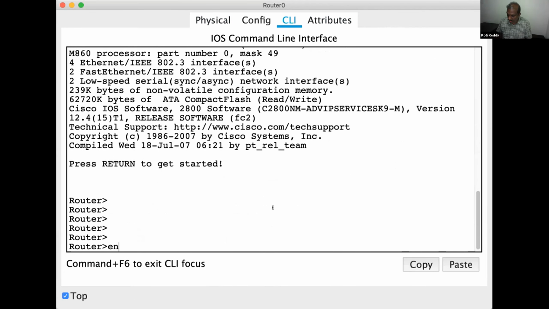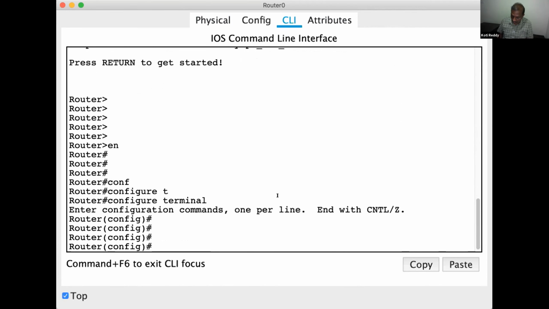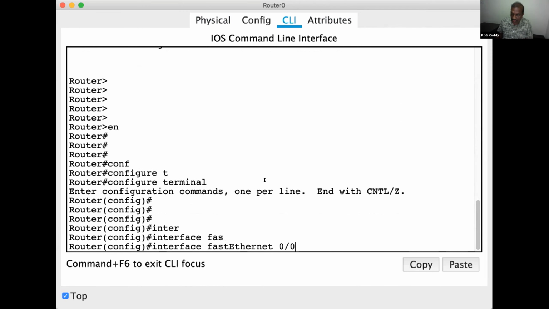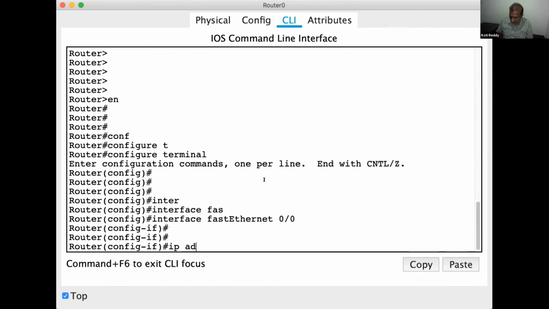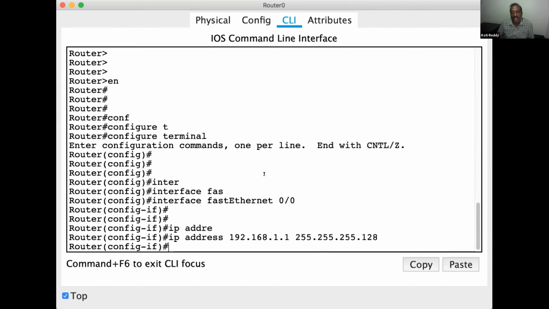I say enable, configure terminal, interface FastEthernet 0/0. I say IP address 192.168.1.1/25. What's the mask? 255.255.255.128, right?